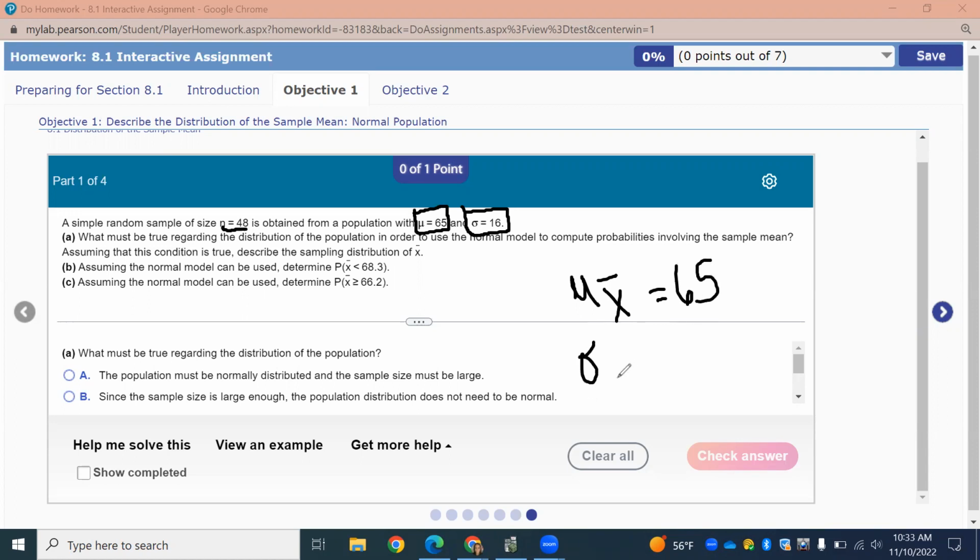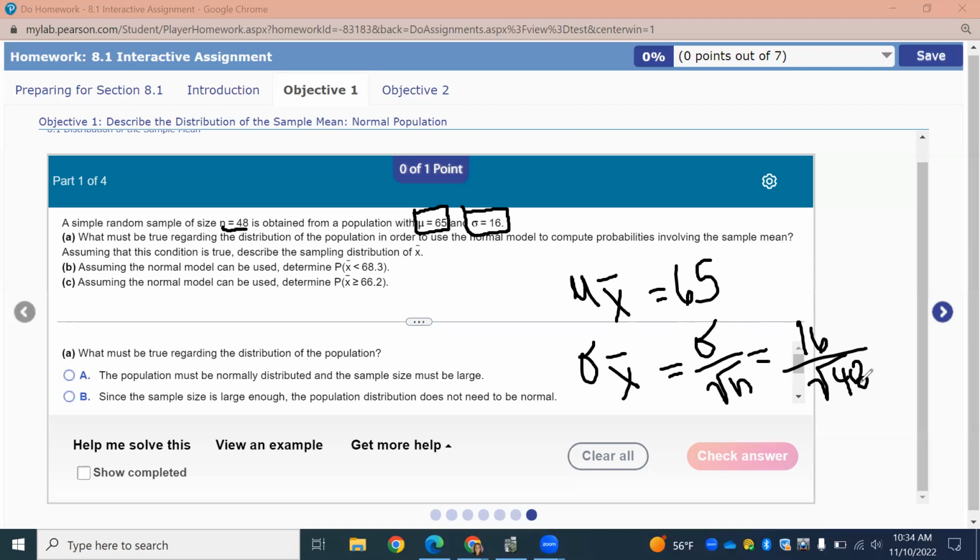If we wanted the standard deviation, they always have the mean in the middle, 3 standard deviations to the right and 3 standard deviations to the left. But the sample doesn't act the same way as the population. We need to take the population standard deviation and divide by the square root of n. So in this case, 16 divided by the square root of 48 gives us our standard deviation for the sampling distribution.